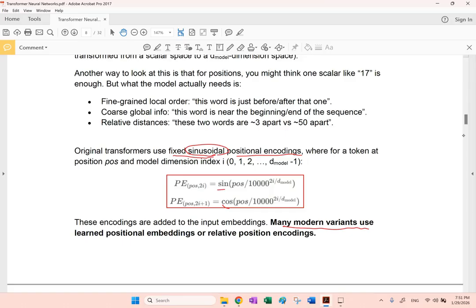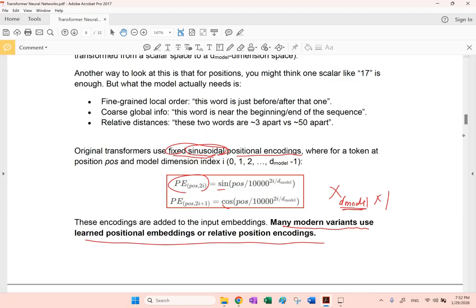It should also be in the D model space, right? Because remember, X that comes out of the embedding is a D model by 1. So this positional one should also be a D model by 1, so we can add them together. So they try to learn a separate higher dimensional vector in this space for the positional, okay? And they try to learn that. But original ones, they try to have some fixed function, so they reduce the number of parameters to be learned. So how does it do that?